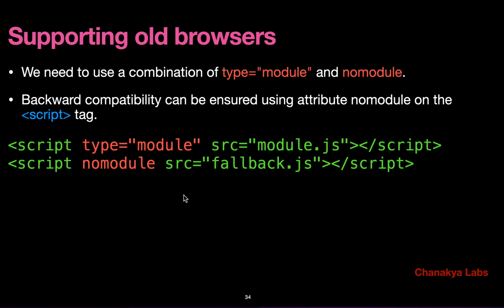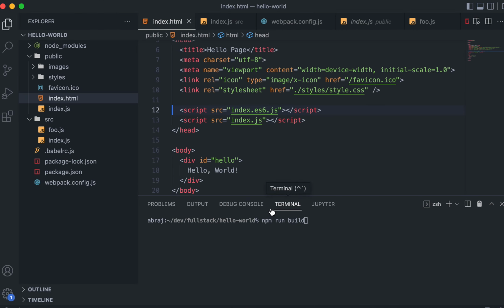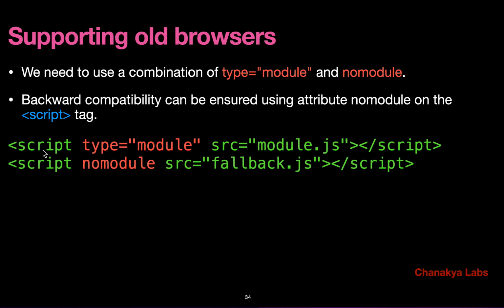Now what I can do is write something like this: type is equal to module, type is equal to module.